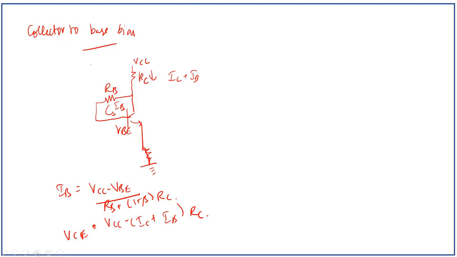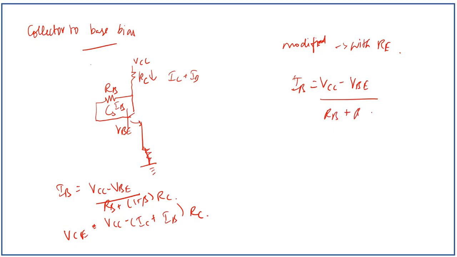The modified collector to base bias circuit is same with the emitter resistor RE included. So for the modified one with RE included, we will get IB equal to VCC minus VBE by RB plus beta into RC plus RE, and VCE equal to VCC minus IE into RE plus RC.